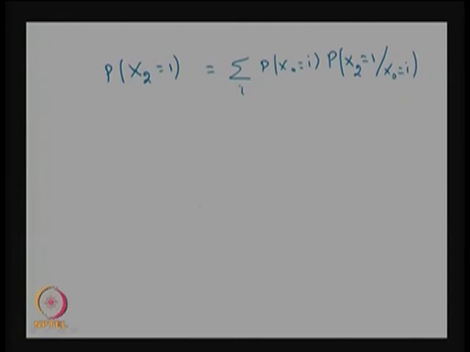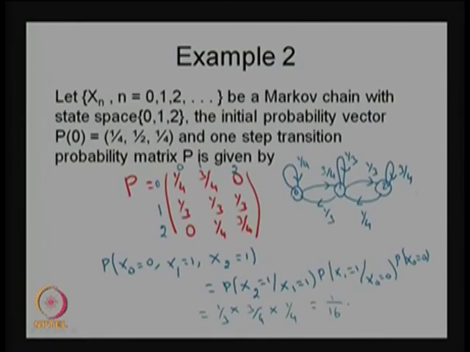Here i belongs to S, and S is 0, 1, 2. Already we have the initial probability vector, 1/4 and 1/4.